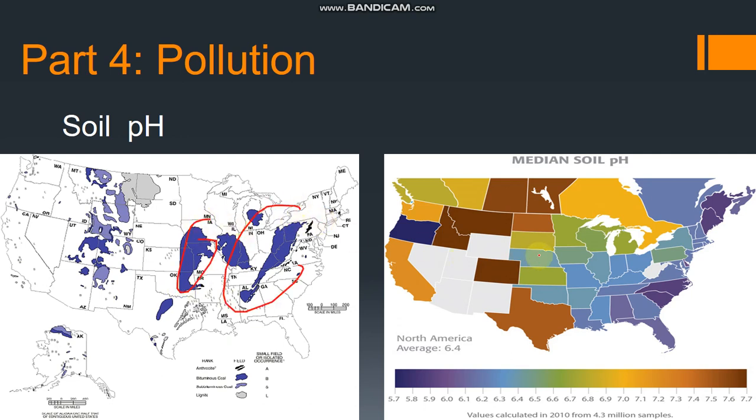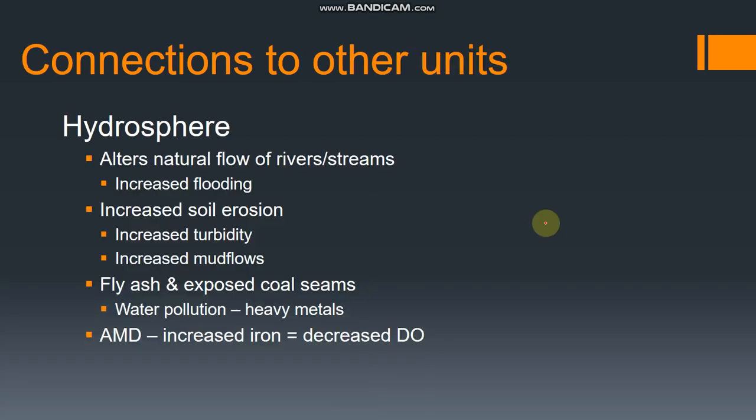Here's coal, and if you notice, this is the slightly more acidic soil because allegedly of burning coal, which produces acid rain. So these are all the things that we need to be aware of that harm the hydrosphere that relate to burning coal, like mountaintop removal, and burning coal produces fly ash and acid rain.